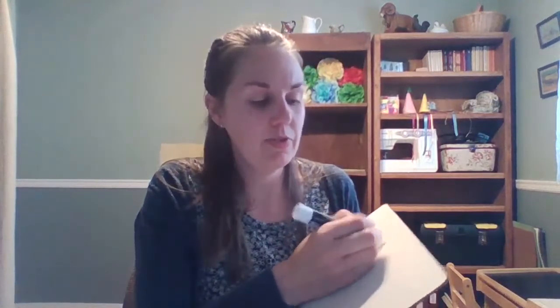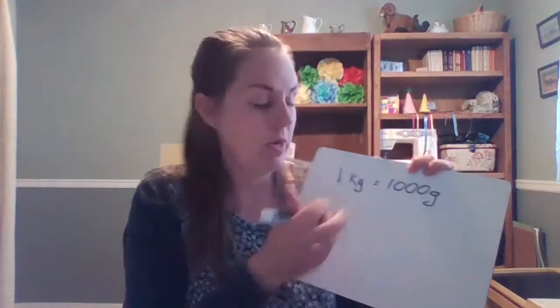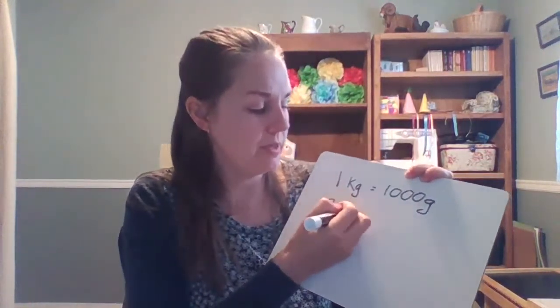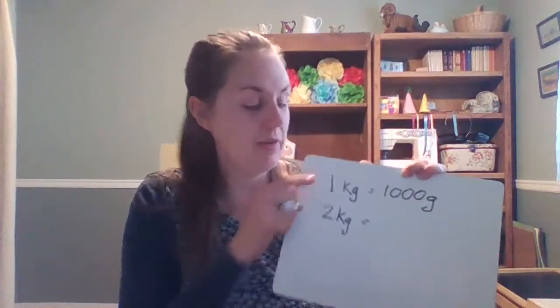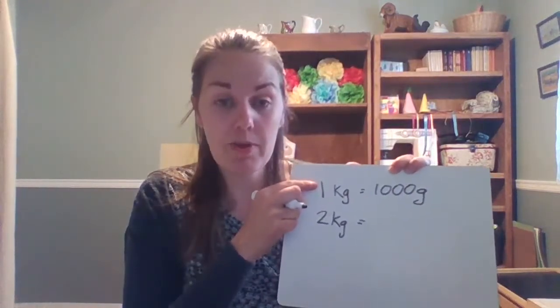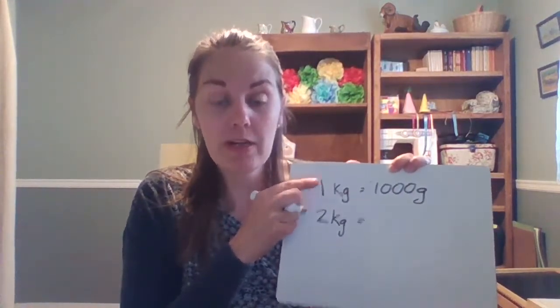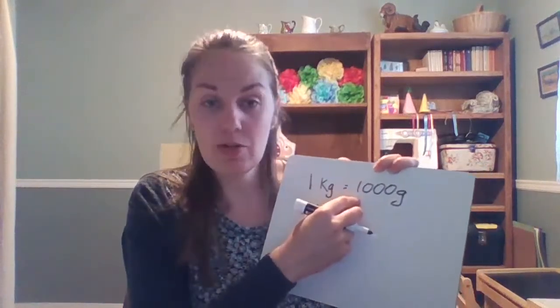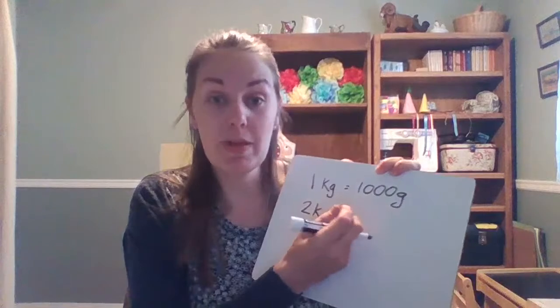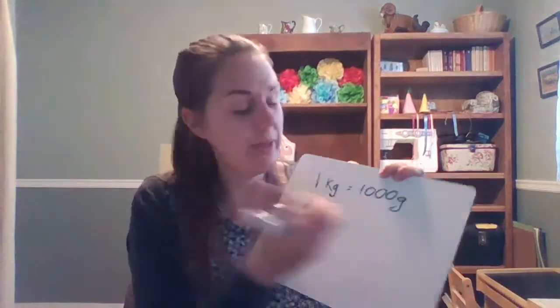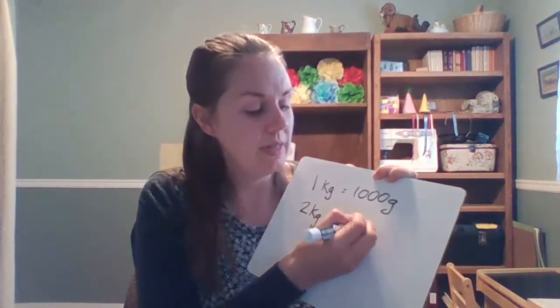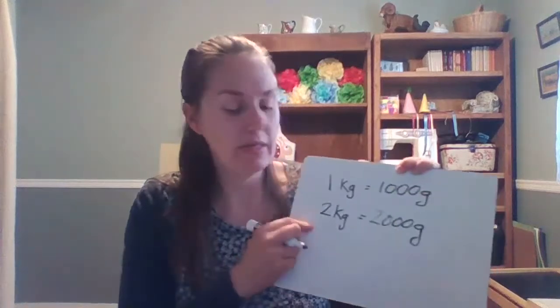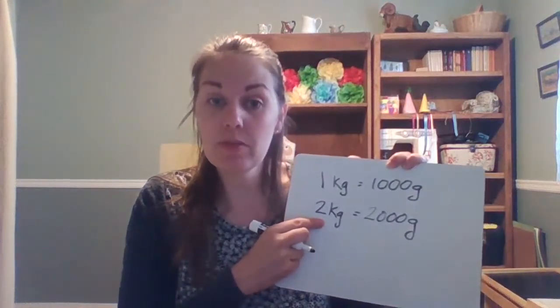We have 2 kilograms, so again, we're going to think of it as our top numbers doubled. So I have 1 kilogram times 2 equals 2 kilograms. 1,000 grams times 2 would be 1,000 plus another 1,000. I'm going to have 2,000 grams equaling 2 kilograms.